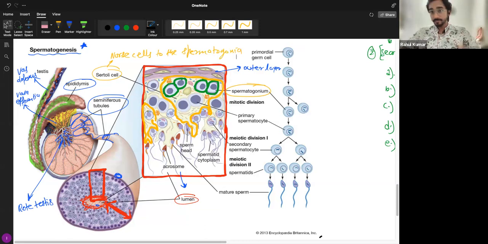Now they do not have a fixed shape, plus they are big cells. And write down that spermatogonium are embedded in Sertoli cells. Okay, so Sertoli cells kind of cover the spermatogonium from all sides. So they're kind of embedded, or if not embedded, totally surrounded by Sertoli cells.